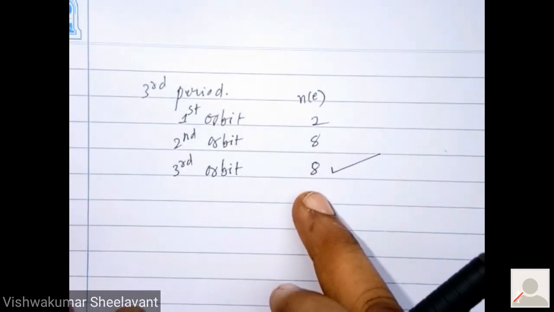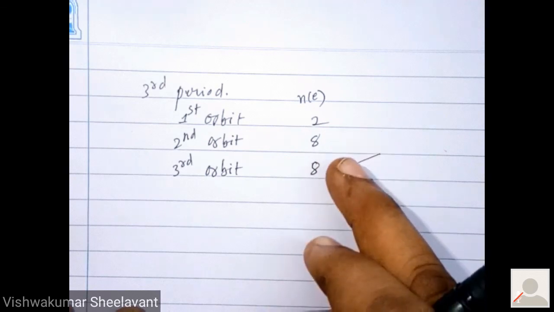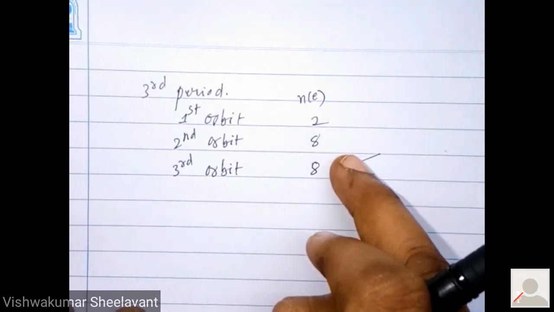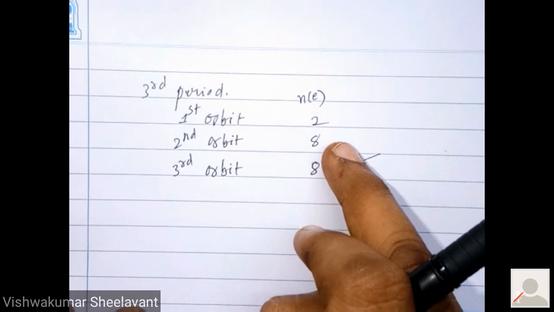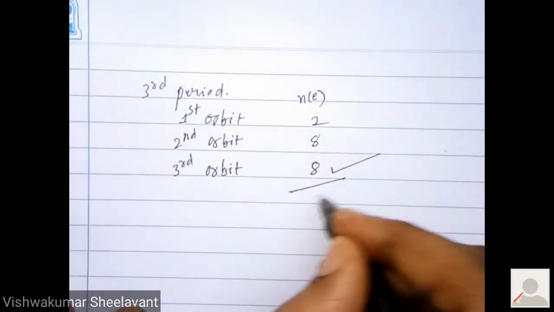Because the third orbit will start from the 11th electron. 2 plus 8, 10. After that 11. It will start from the 11th electron and go up to the 18th electron. Total number of electrons is 18 here.